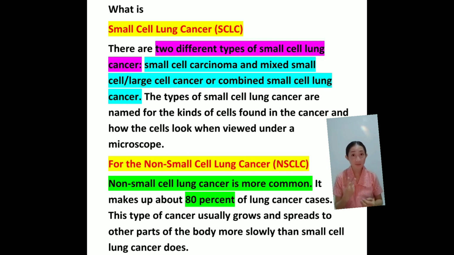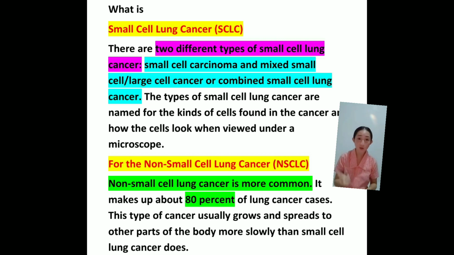There are two types of small cell lung cancer, small cell carcinoma and mixed small cell or large cell cancer. The types of small cell lung cancer are named for the kind of cells found when viewed under a microscope. Small cell lung cancer is almost always associated with cigarette smoking.